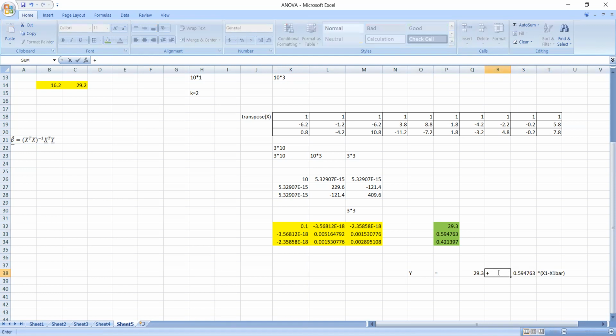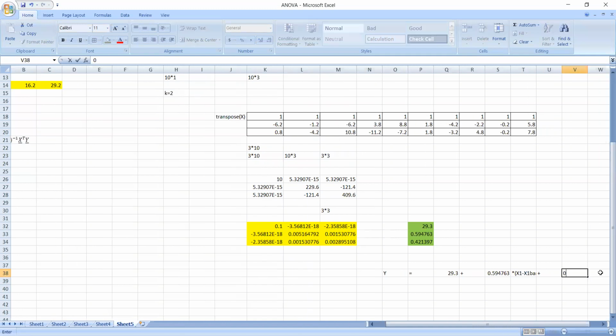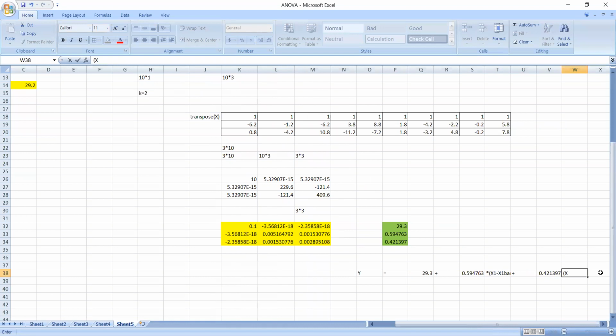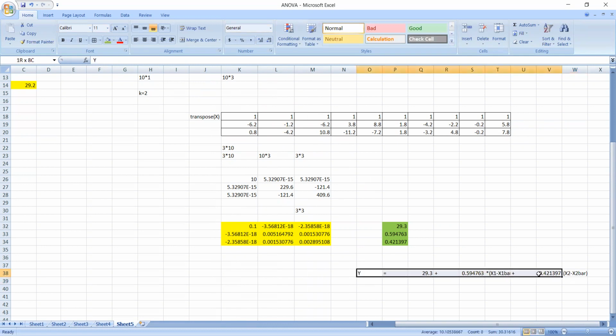You can write the model like this: y equals 29.3 plus 0.59473, that is beta 1 hat, into x1 minus x1 bar, plus beta 2 hat, that is 0.421397, into your next x variable, x2 minus x2 bar. This is how you have to write the model after evaluating the parameters.